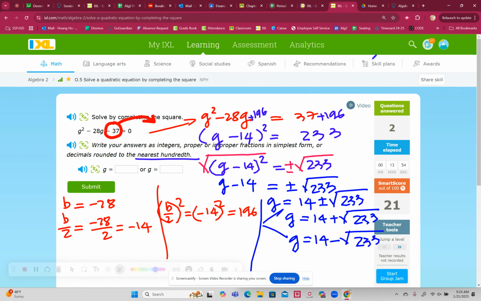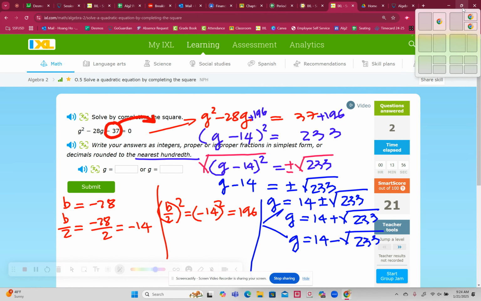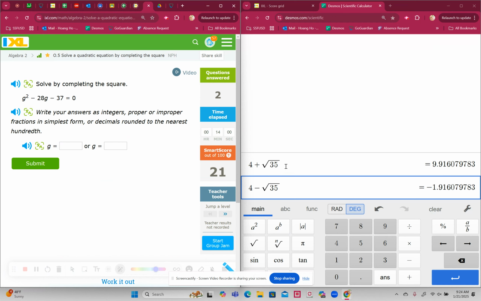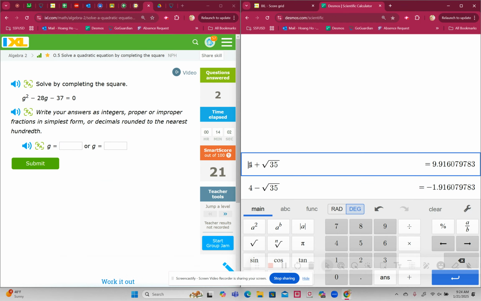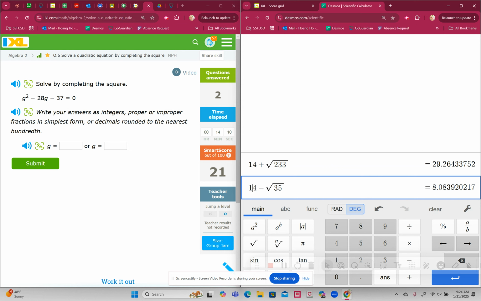Okay, so I get my calculator right here. 14, and then 233, okay, and then 14 subtract square root of 233, done.